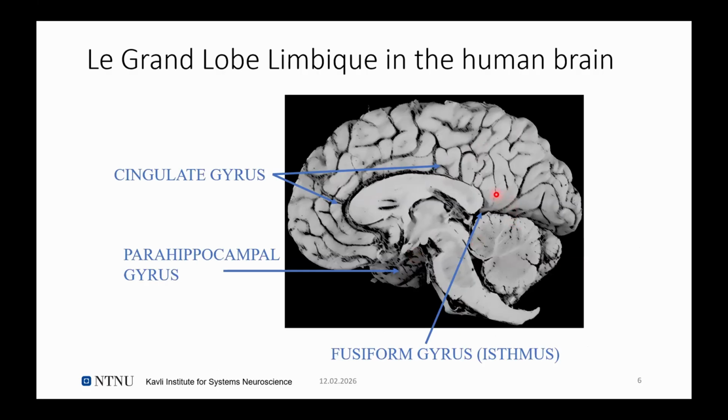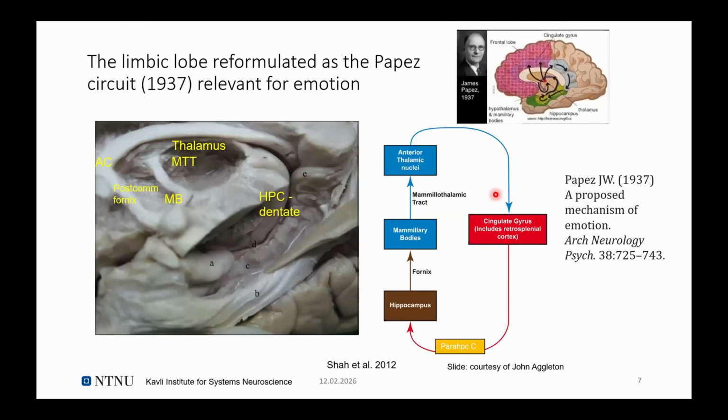It got its first real functional connotation by the work of Papez, depending on how you want to pronounce his name, who argued that there is a set of structures, with the hippocampus having the fornix as its main connection, moving into the mammillary bodies. And from the mammillary bodies, you have the mammillothalamic tract into the anterior thalamus.